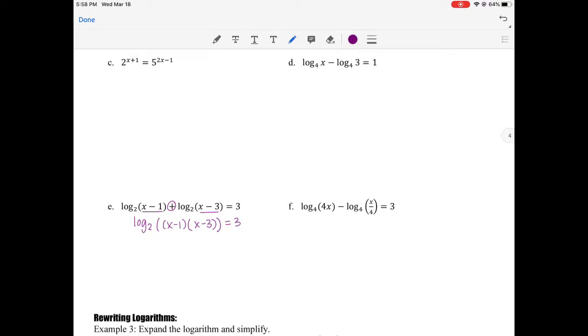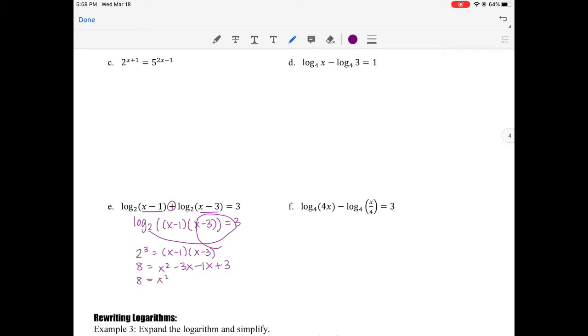Now you can use your definition of log, like log base 2 raised to the third equals your answer. So 2 to the third equals x minus 1 times x minus 3. 2 to the third is 8, and if we multiply this out, x times x is x squared, x times negative 3 is negative 3x, negative 1 times x is negative 1x, negative 1 times 3 is a positive 3.